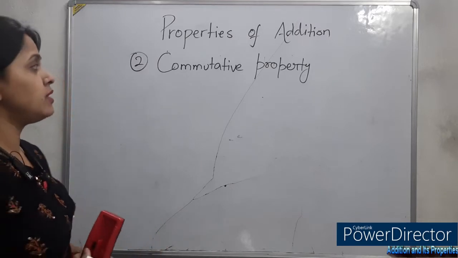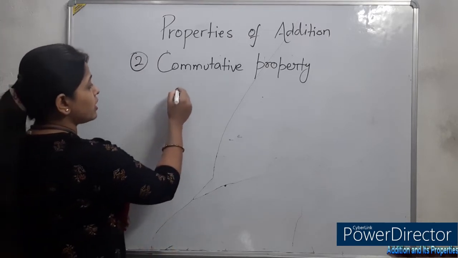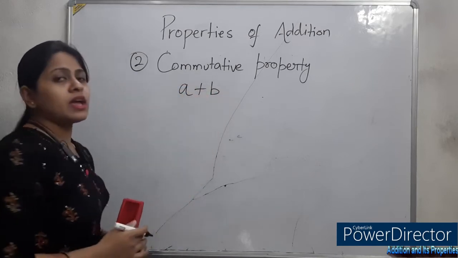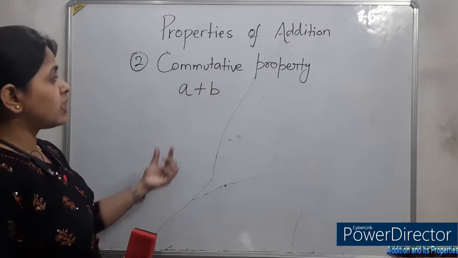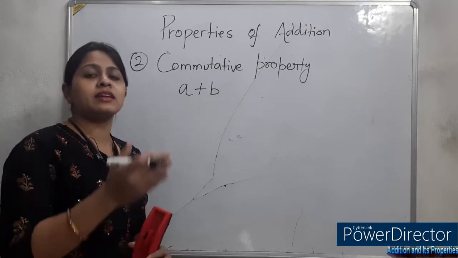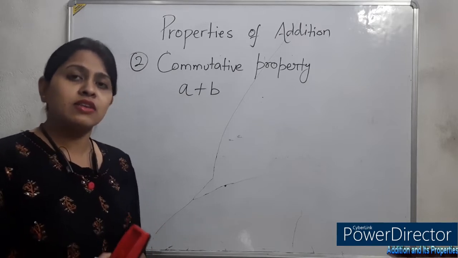Commutative property means that suppose there are two whole numbers, A plus B. Whatever the result is when we add, the result is the same when we add the numbers by writing them in reverse order.